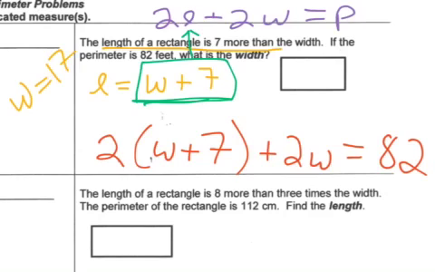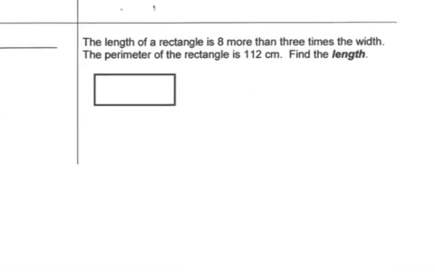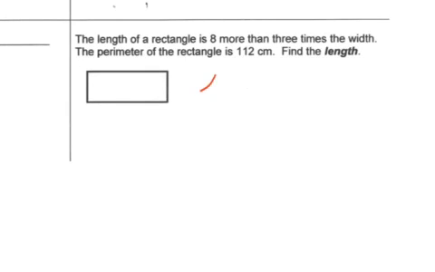And the key parts of the next one. Length is 8 more than 3, oh sorry, it should be a W. 3 times the width plus 8. Then I can put it into my equation.